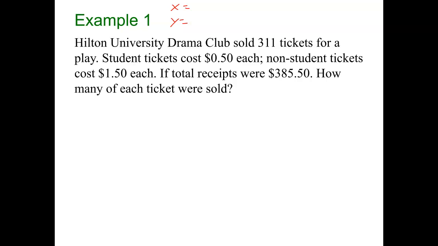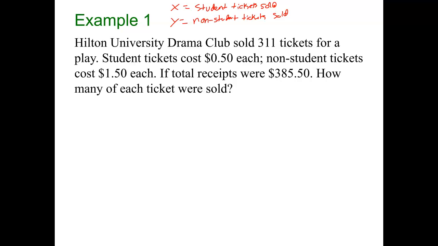The number that was sold. Okay, so those are going to be our variables. So X will represent student tickets sold, and Y will represent non-student tickets sold.